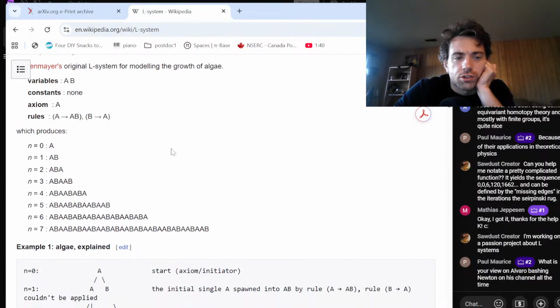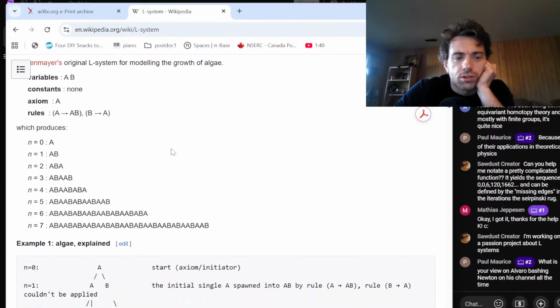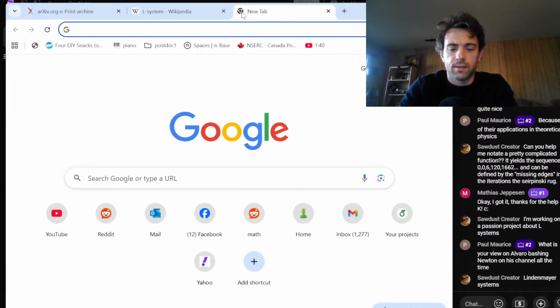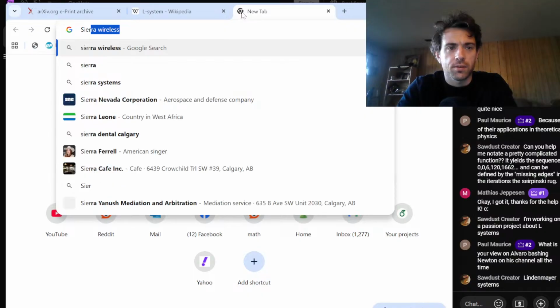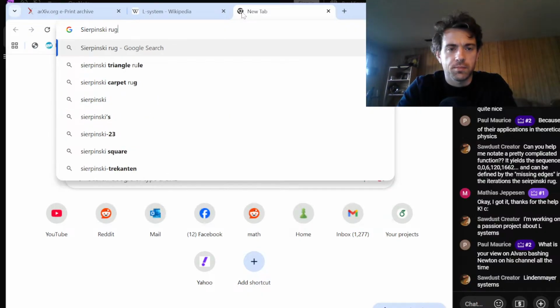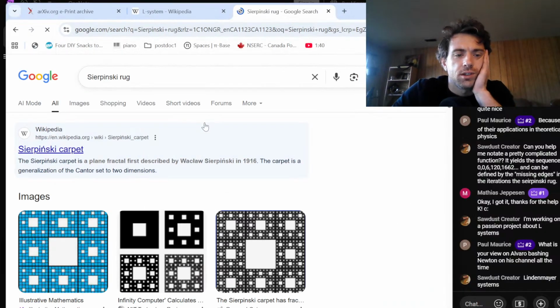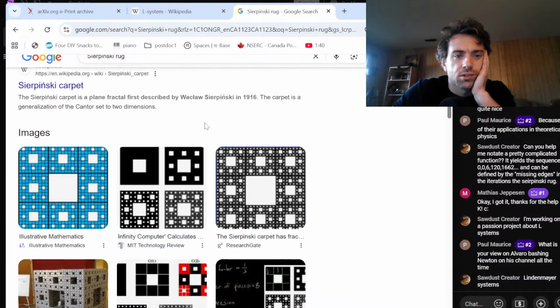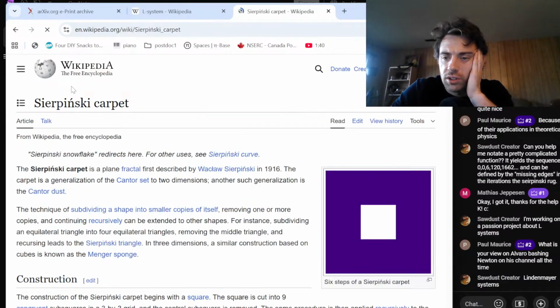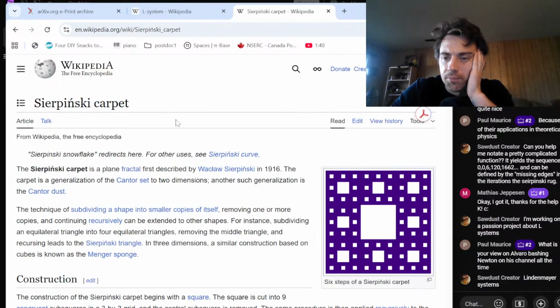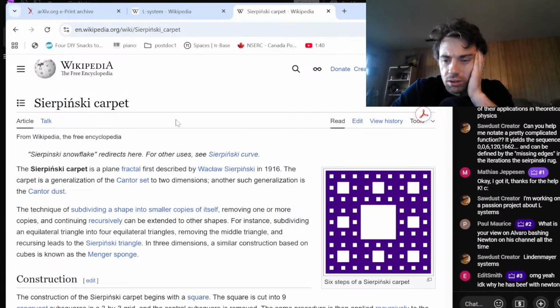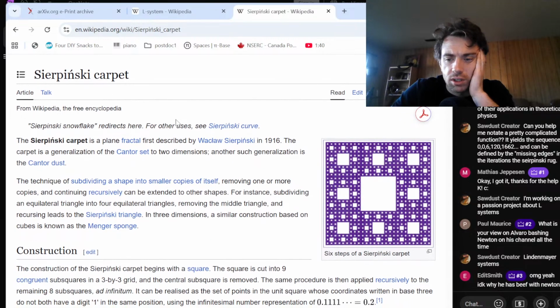Okay, interesting. Sierpinski rug. Probably misspelled that. Sierpinski carpet. Yeah, okay. And the missing edges, defined by the missing edges.